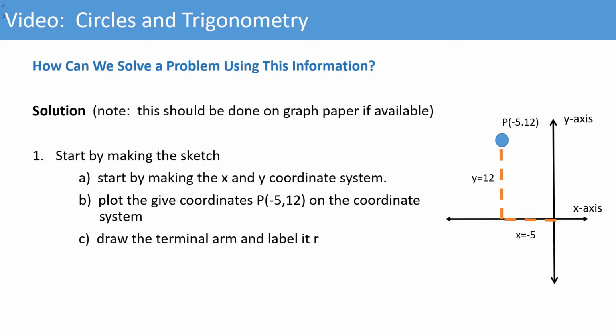Draw the terminal arm and label it R. Add the reference angle theta. This is the sketch we will use to determine the value of R.